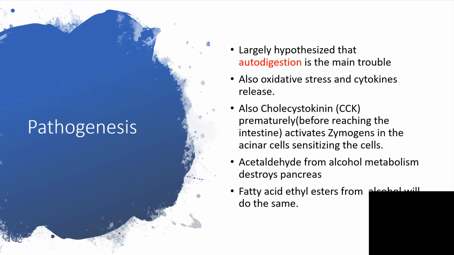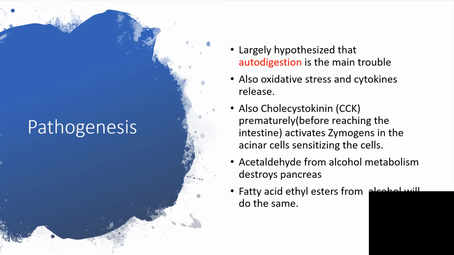I've said again prematurely because that will happen before reaching the intestine. If cholecystokinin, CCK, activates zymogens in the acinar cells, then we have trouble because the zymogens will be in active form of the digestive enzymes that are not expected to be active until they have reached the intestine.